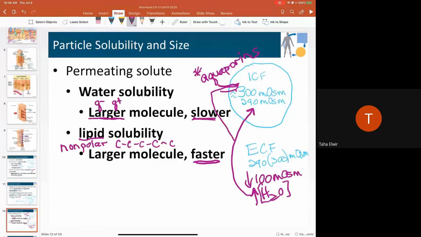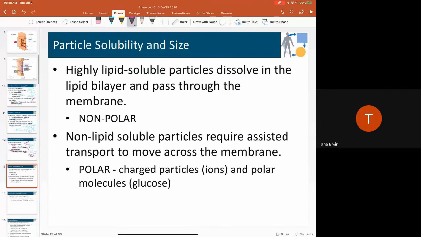The highly lipid soluble particles, they're actually dissolving in the lipid bilayer and moving across. So put here nonpolar molecules.